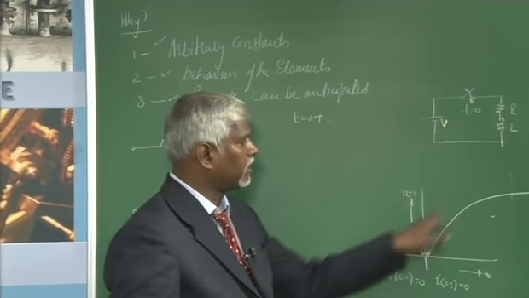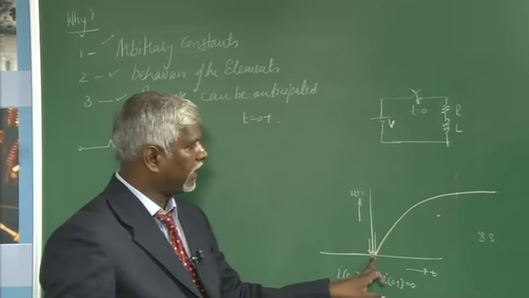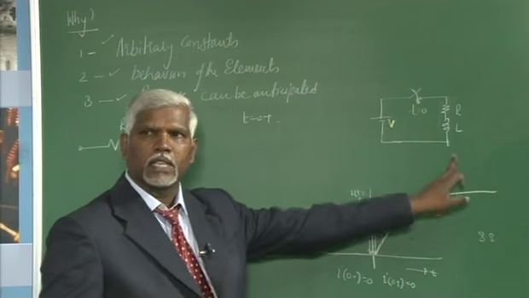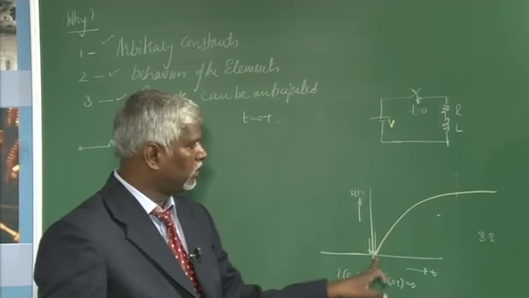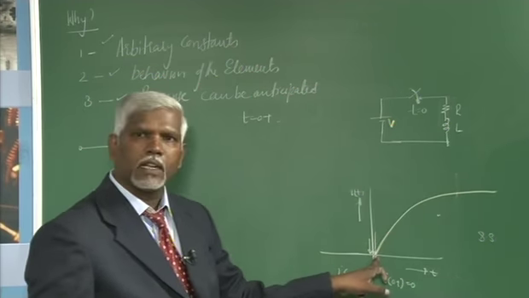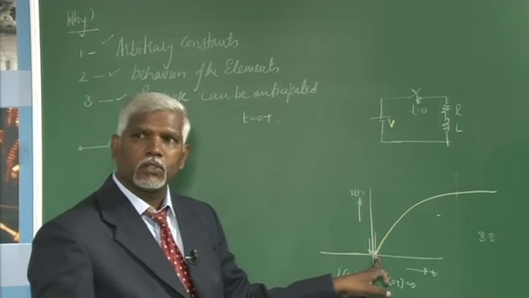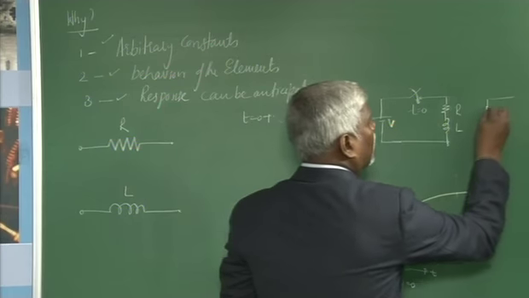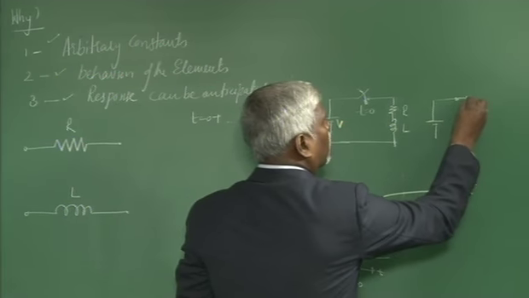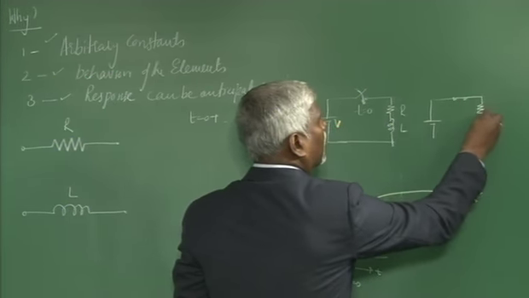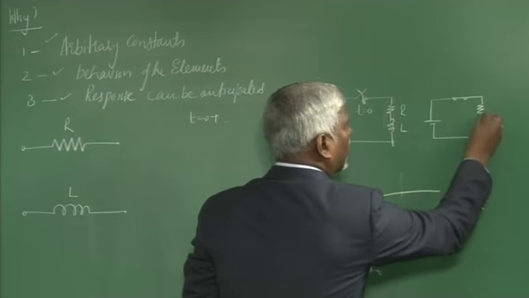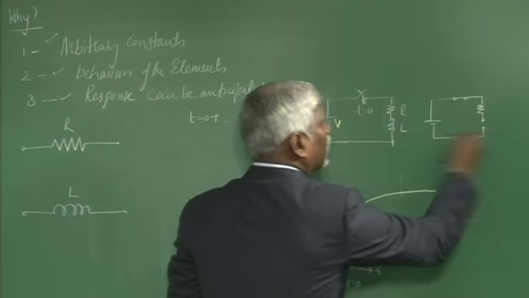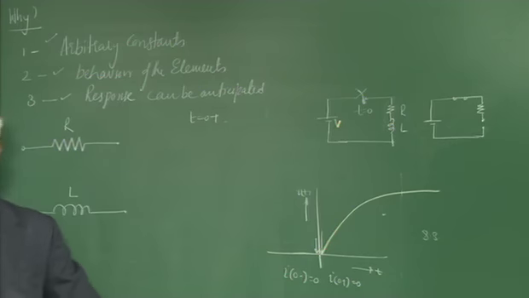There is no sudden change in current. It takes a finite time for the change. If I want to see the current immediately after the switch is closed, the circuit looks like this. The switch is closed, I have an R, and if the current does not flow, I need to show this inductor as an open circuit.